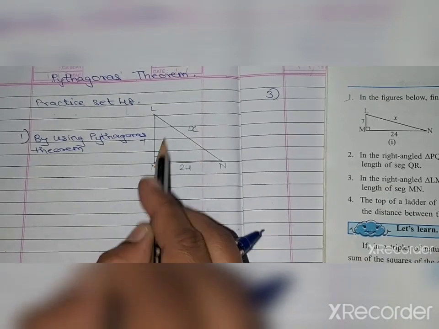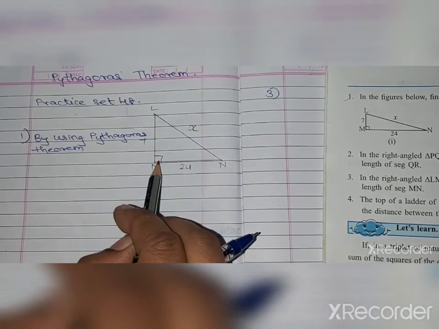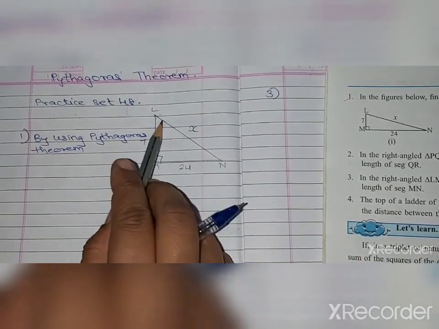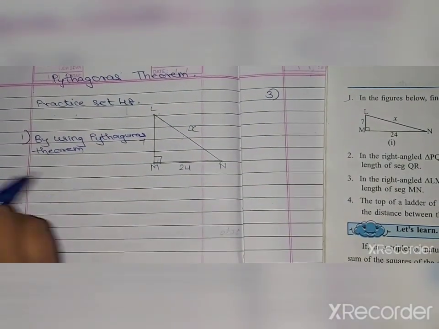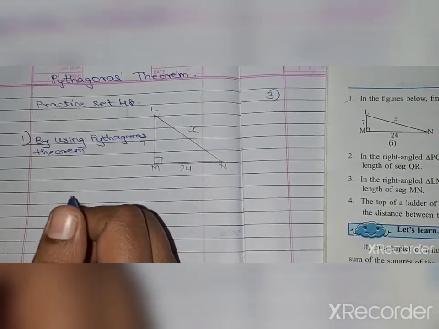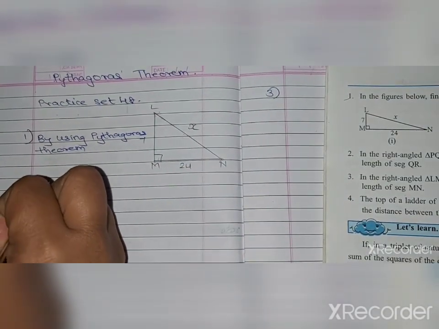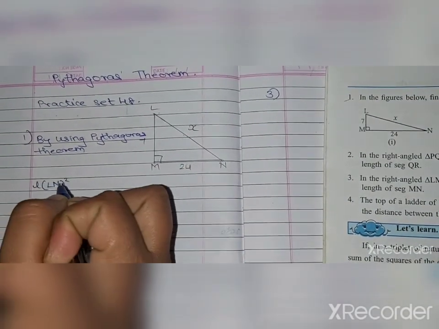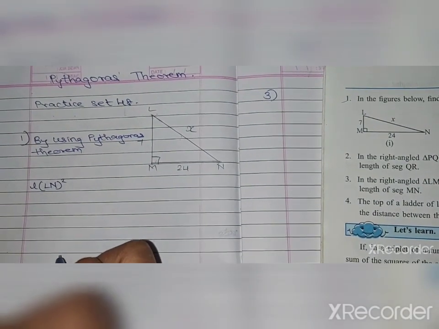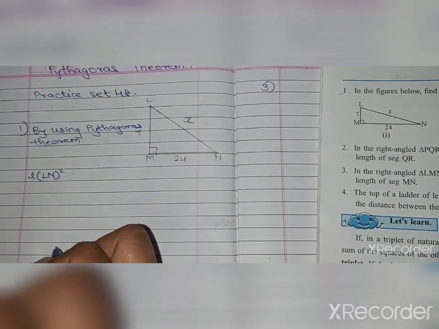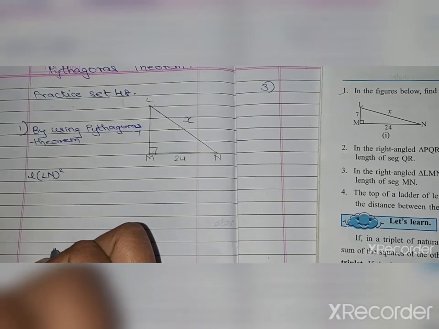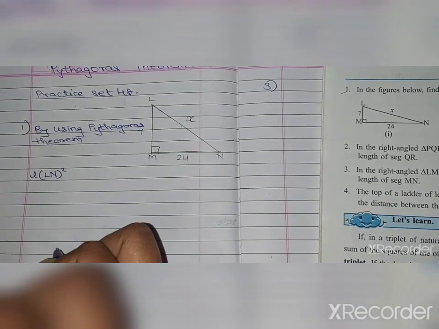So the side opposite to the 90 degree angle is known as the hypotenuse side. This is the hypotenuse side. By using Pythagoras theorem, length LN. What is the formula for Pythagoras theorem? Hypotenuse side square equals base square plus height square.